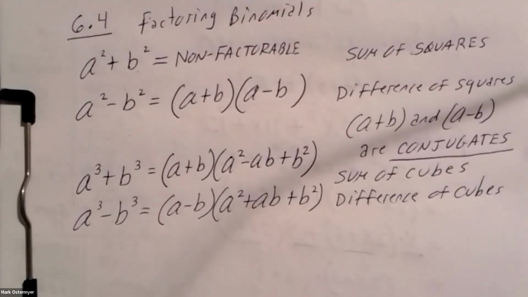Sum and difference of squares, sum and difference of cubes. Notice the sum of squares again cannot be factored. And the difference of squares always factors into the product of conjugate binomials. And the sum of cubes and difference of cubes factor in a very similar way. It's just that the signs are switched a little bit. And that's the only difference between their factorizations.